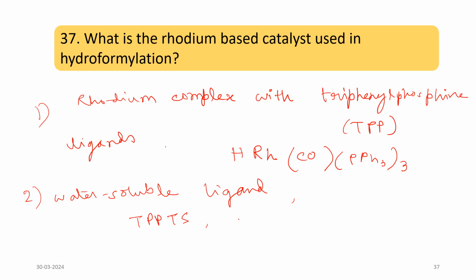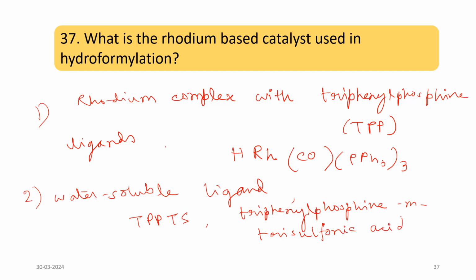Its full name is triphenyl phosphine meta-trisulfonic acid trisodium salt. So that whole together is TPPTS. This is the catalyst name. This is water soluble and the first one is not water soluble.